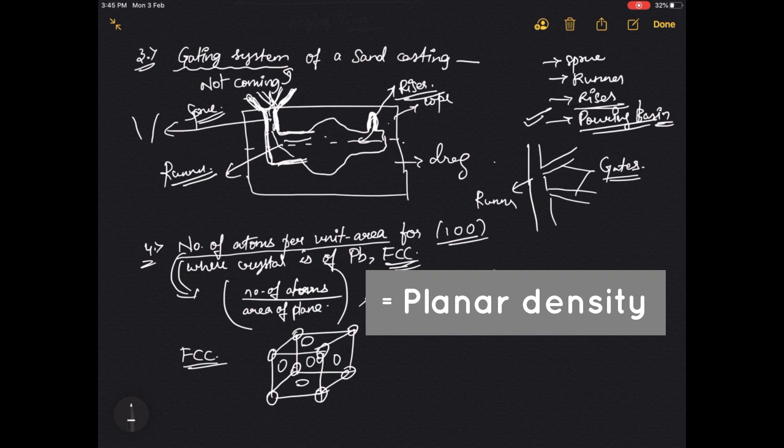Now they asked to find out the 100 plane. So if you consider this as an origin and this is my 100 plane, what I have is something like this. So this is my 100 plane, and in this, this is the face diagonal.